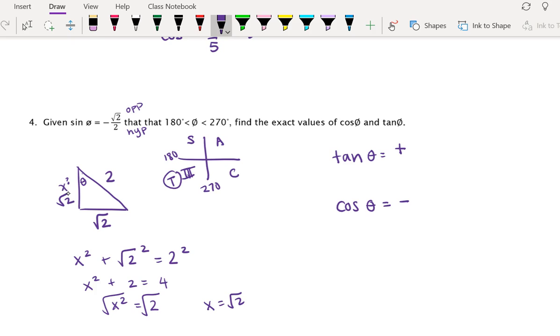So cosine is -√2 over 2. Here's my adjacent, here's my hypotenuse. And tangent is opposite over adjacent, which is √2 over √2, which is just 1. And it's positive. Okay, that completes our lesson.